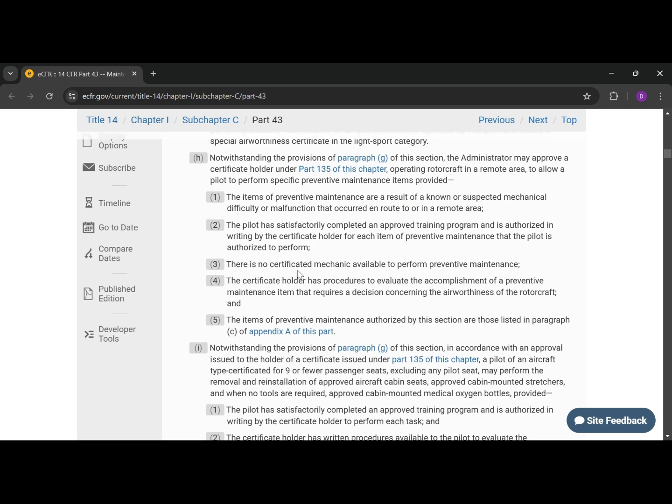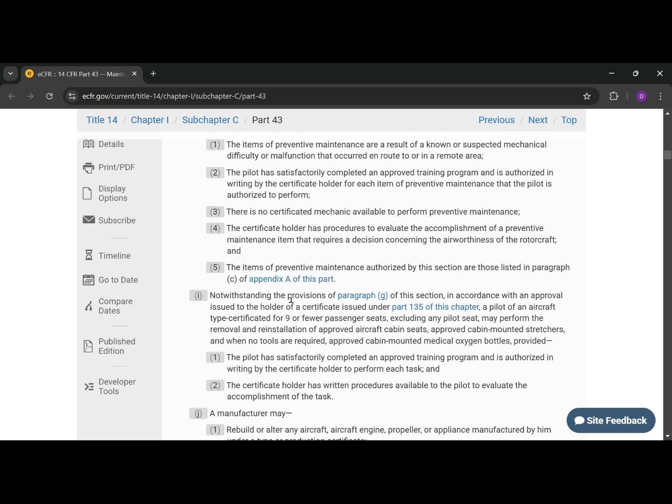There is no certificated mechanic available to perform the preventative maintenance. The certificate holder has procedures to evaluate the accomplishment of a preventative maintenance item that requires a decision concerning the airworthiness of the rotorcraft, and the items of preventative maintenance authorized by this section are those listed in paragraph C of Appendix A of this part.